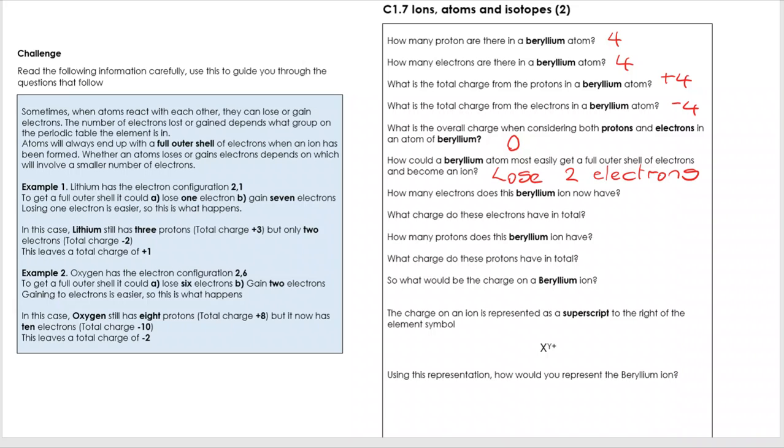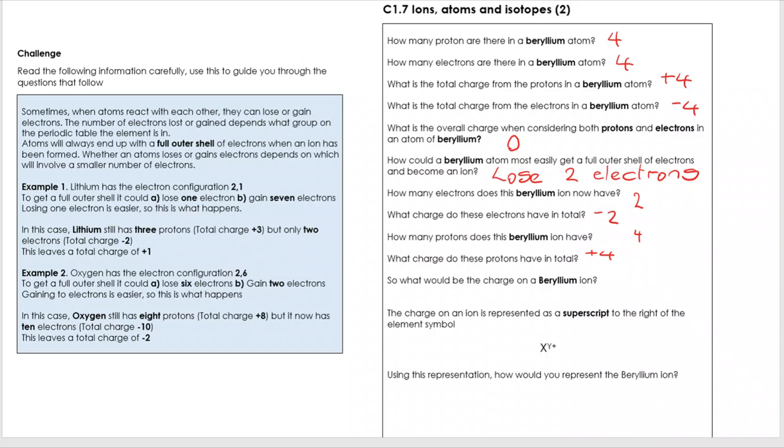Now let's look at what that does to the atom that we previously had. It now has 2 electrons, and that means a total charge of -2. But it still has 4 protons, and that means a total charge from those of +4. You don't lose or gain protons in a chemical reaction.